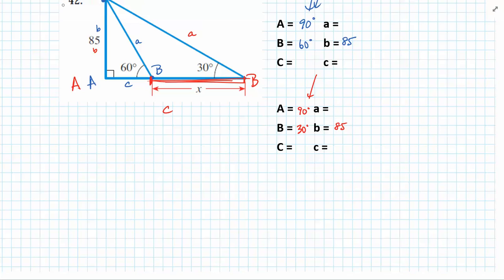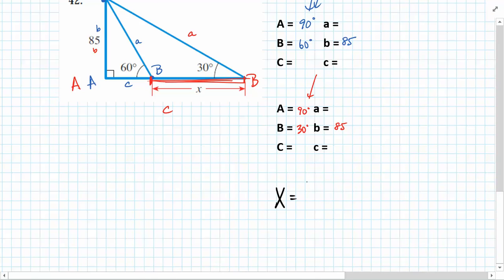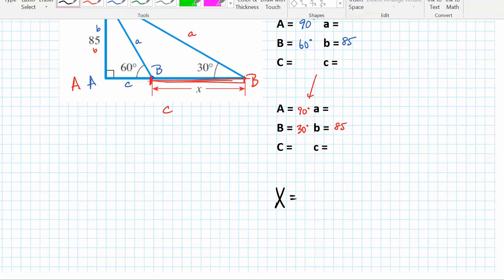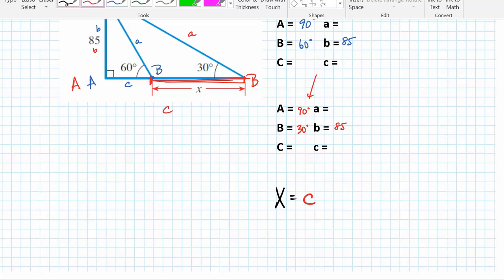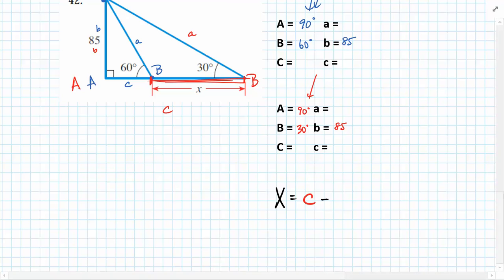So let's say that x in this problem is equal to the red C minus the blue C. If I had red C, that total length from one side to the other, minus this blue value C, that would give me the total distance for letter X.